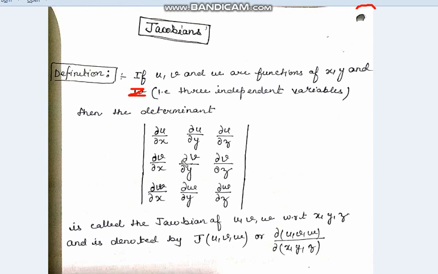Similarly, the second row is obtained by partially differentiating v with respect to x, y and z, and the third row is obtained by partially differentiating w with respect to x, y, z.